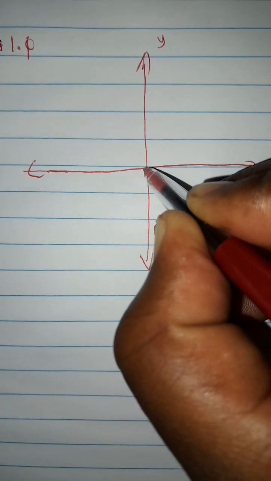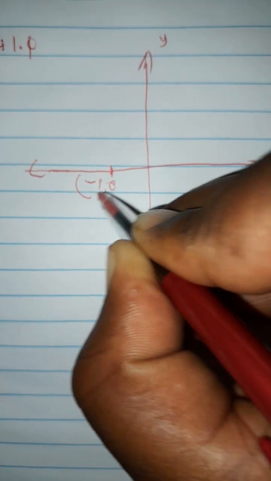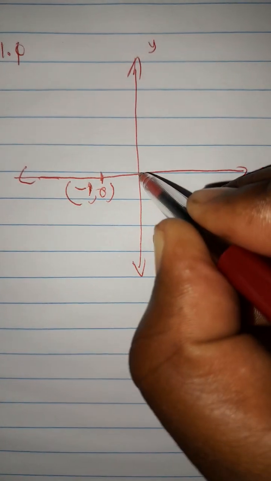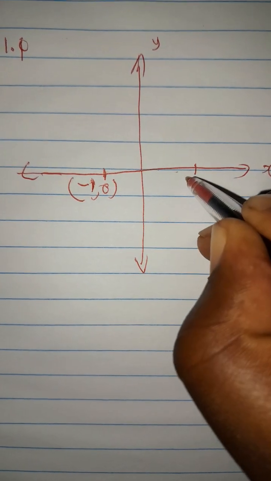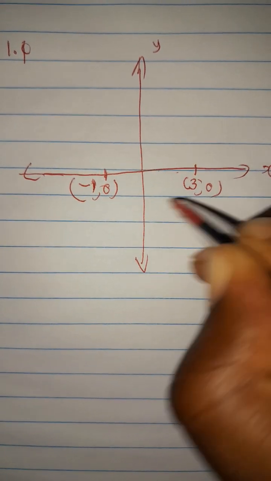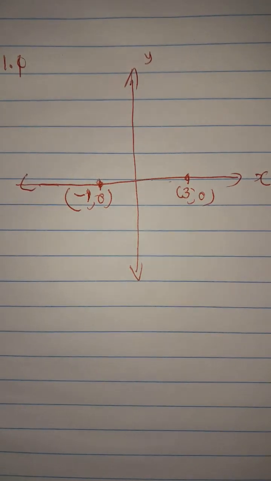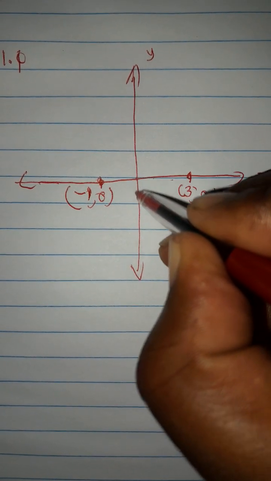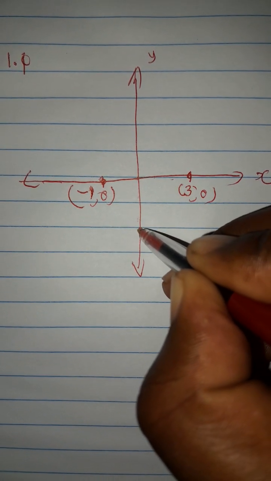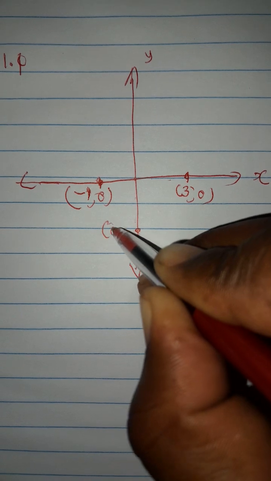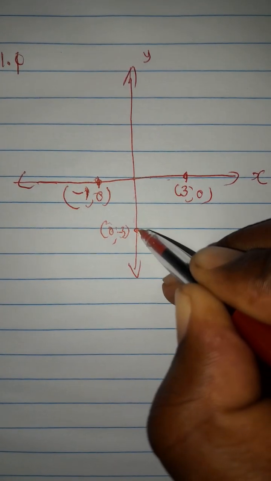Let's start with our turning points. Then we have 0 and negative 1. That was the coordinate when we started with the graph of f, actually, negative 1 and 0. The other one, 0, 1, 2, 3. Then we have 3 and 0 here. Okay, those are our points. So the y-intercept, you also have 0, 1, 2, 3. That was 0 and -3 in this case.